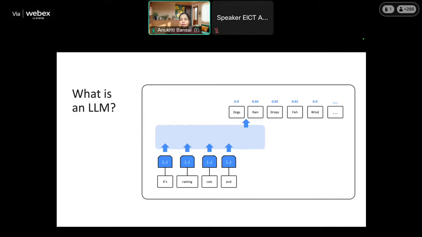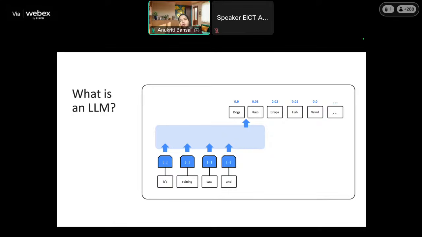In very simple language, it is a very smart next word predictor. You can consider it that way. Given a sequence, it will be able to predict the next word. How are they able to predict the next word?